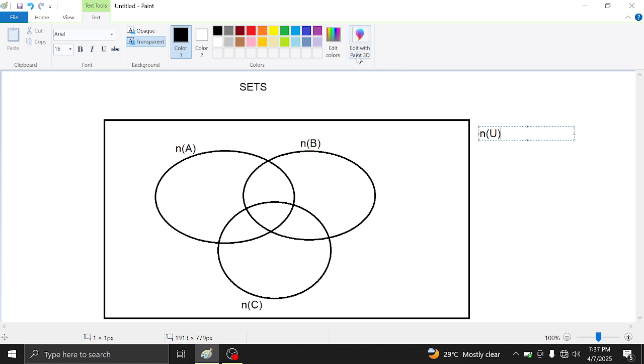All right. So now let's find the various portions and label them.